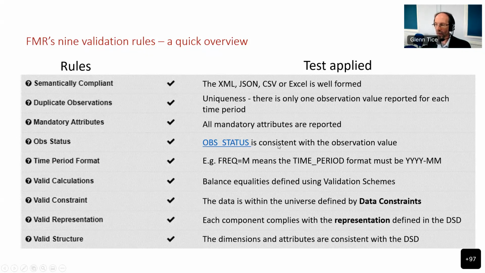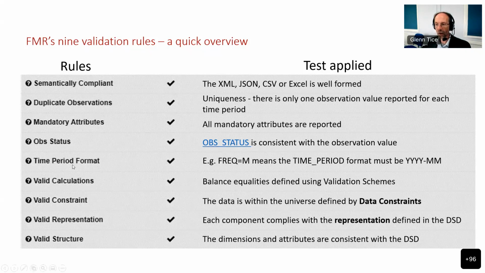So if the observation status attribute is M, but an observation value is actually included within the data set, then this rule will report a validation error, because the observation value, what's actually being reported, is inconsistent with the actual observation status.